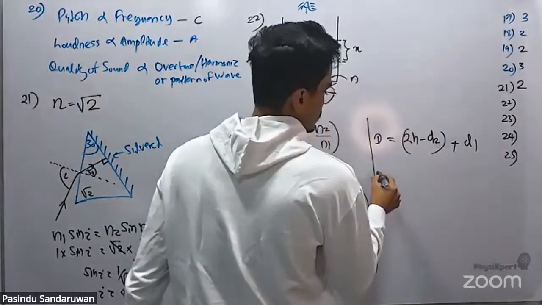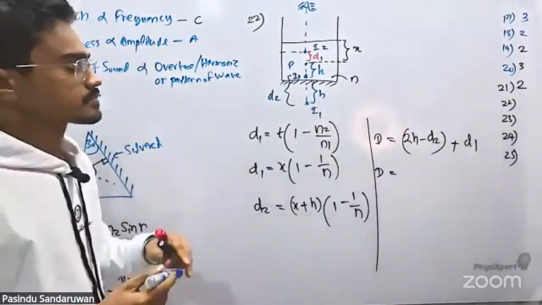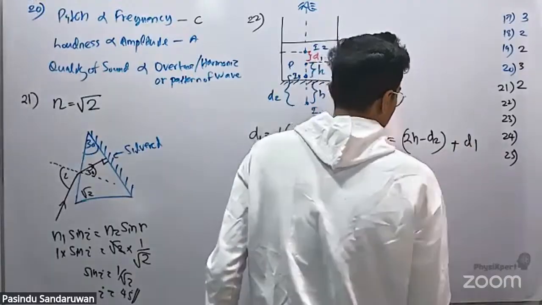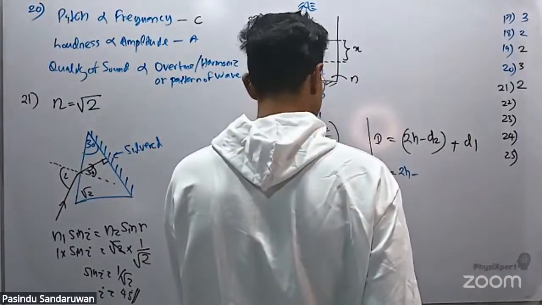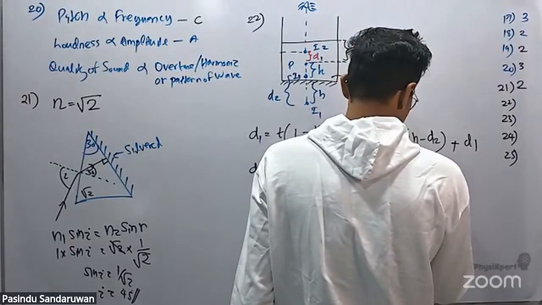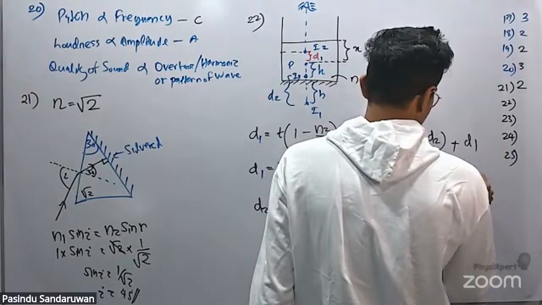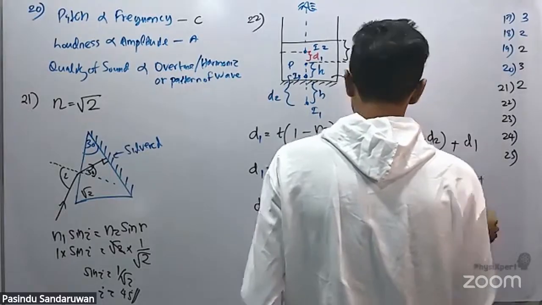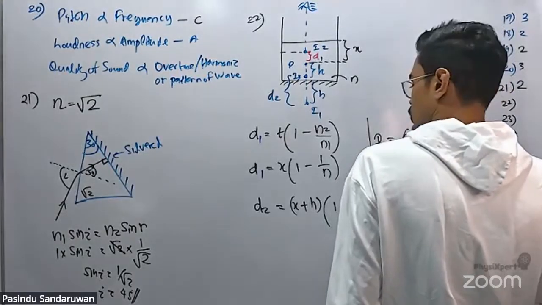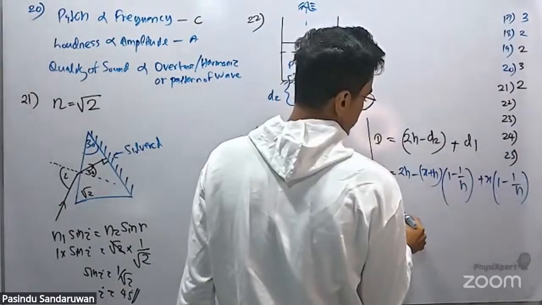Okay, then these answers are already proved. 2h minus d2. d2 is here, x plus h times 1 minus 1 over n, plus d1. d1 is here, x times 1 minus 1 over n. Right. Then D equals 2h.